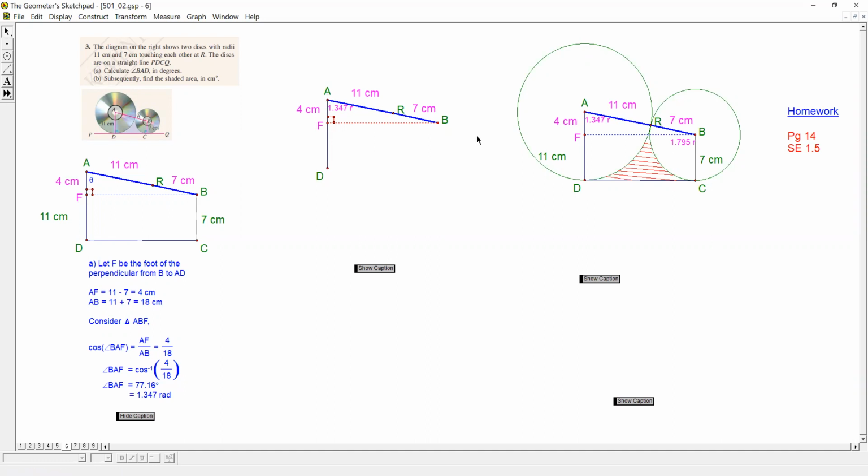So adjacent over hypotenuse, 4 over 18. Cos BAF is adjacent over hypotenuse, 4 over 18.